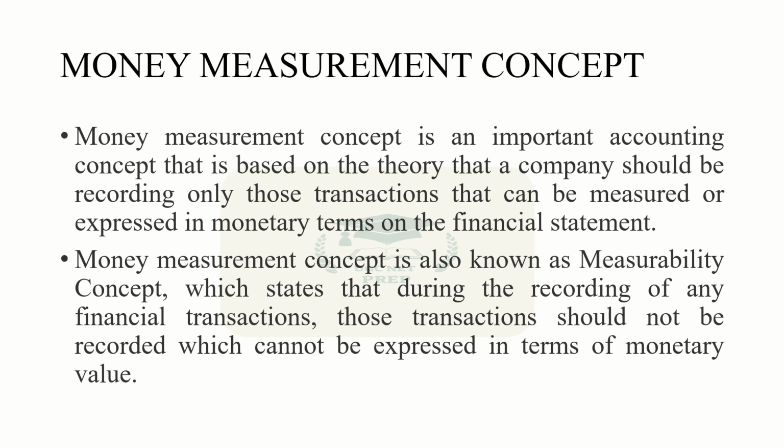For example, if I fight with someone in the company, no money is involved, that is just a quarrel. So that is not a part of the money measurement concept. Only those transactions of a financial character that affect the business come under the money measurement concept.